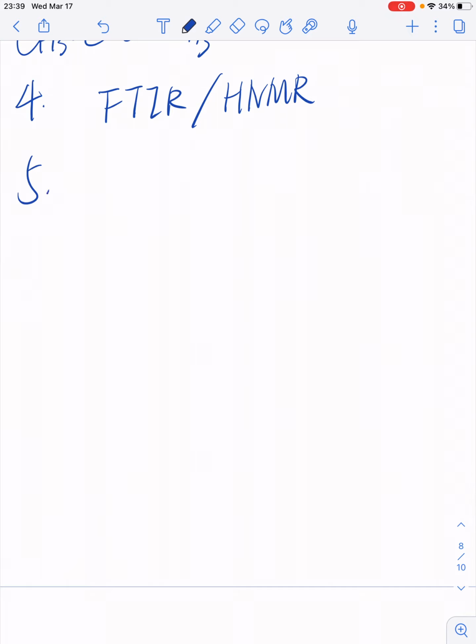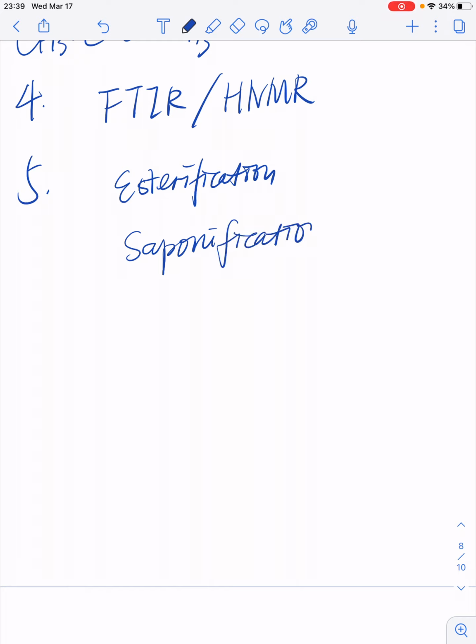And last but not least, we know that esterification reaction and saponification reaction are reverse reactions, right? So start from an ester to acid and alcohol in saponification reaction.